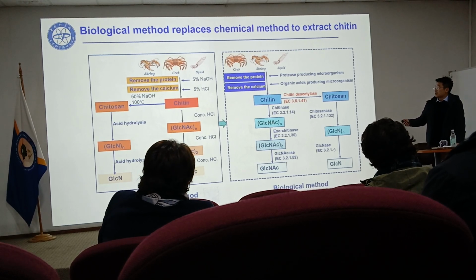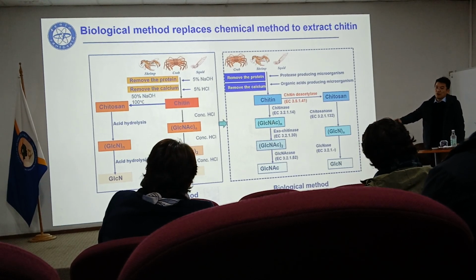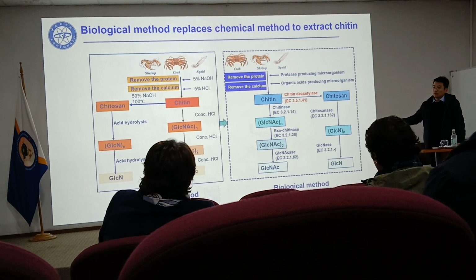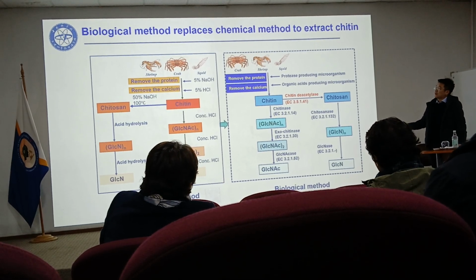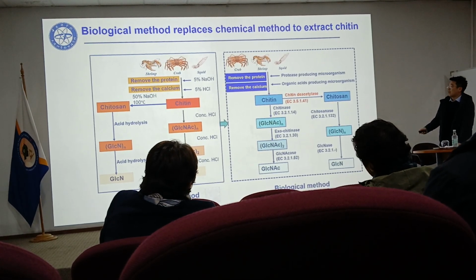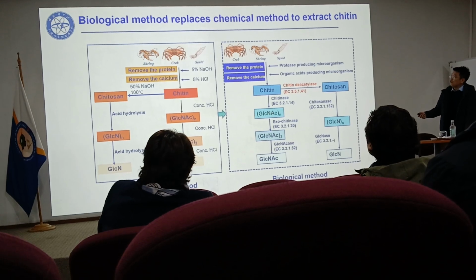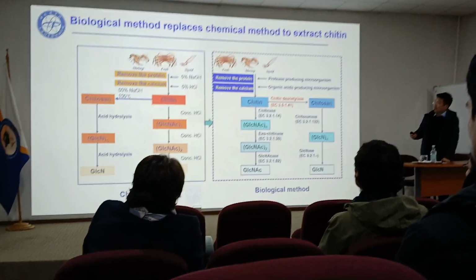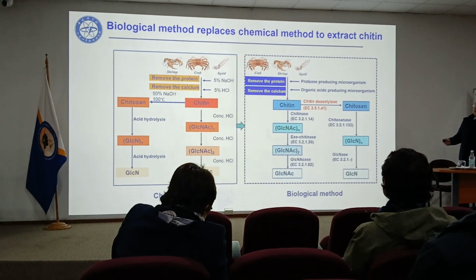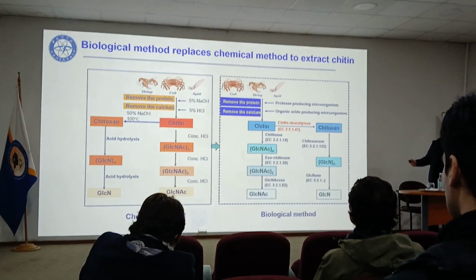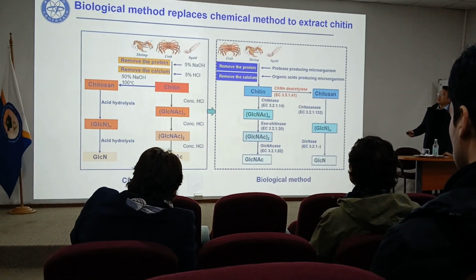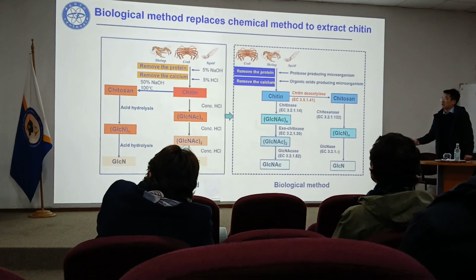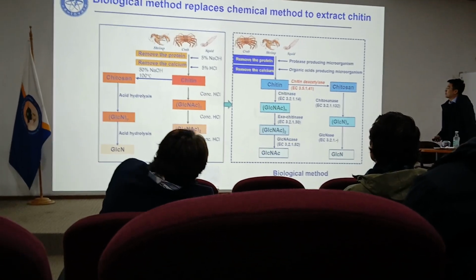We set up a small scale production line, not a large scale production line, but a small scale line is okay. And I think in the future, maybe this biological system will be the main method to extract chitin, because it's cleaner and causes less pollution.